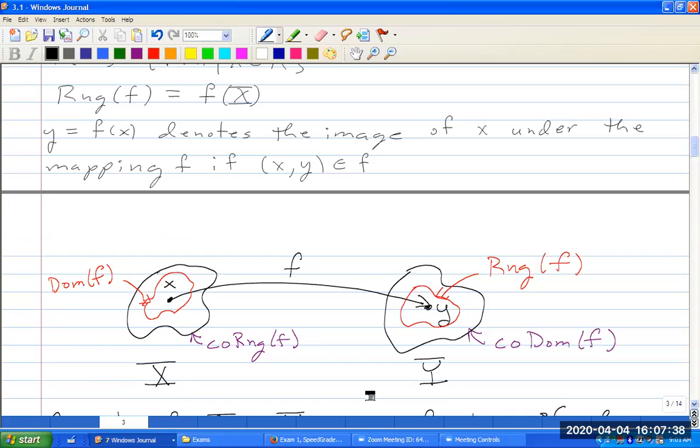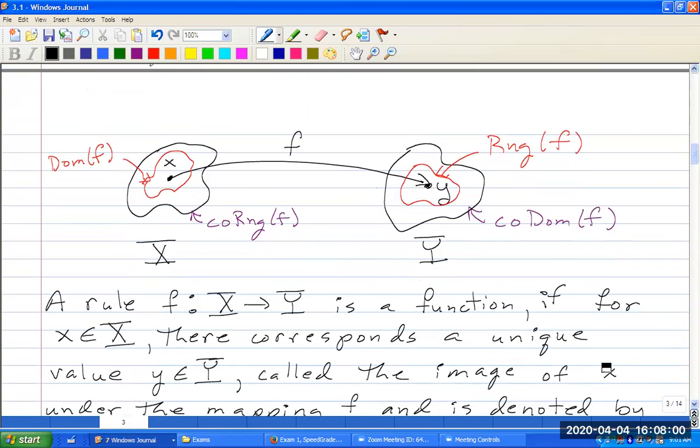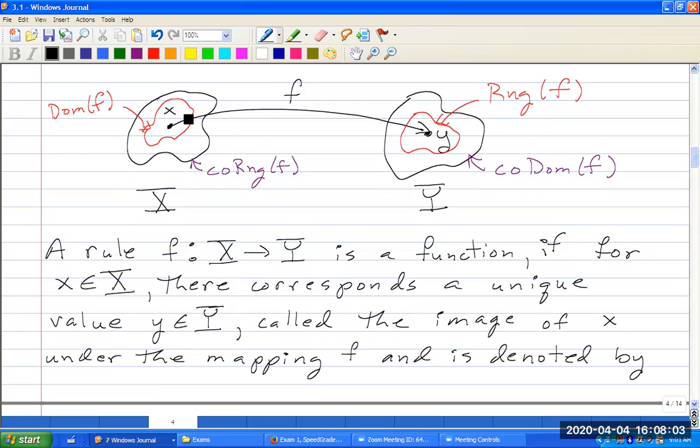So pictorially, we can think of this as follows. So we have here the set X and the set Y. We call the set X the corange of F, the set Y the codomain of F. We will call F here a function if we have the following.